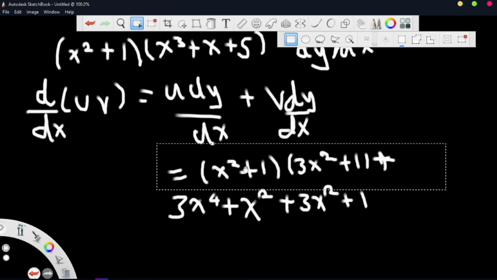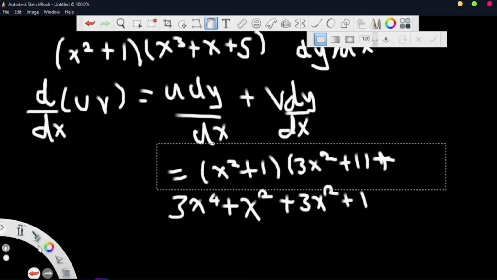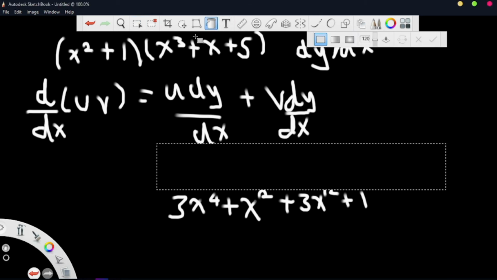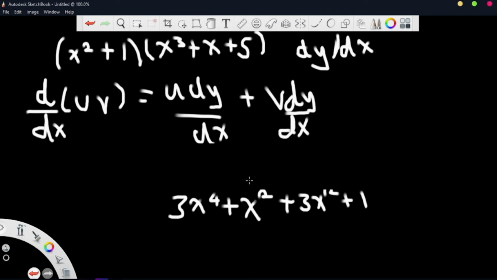So I've basically expanded that. I can clear this out and make room. So I'm done with this part.